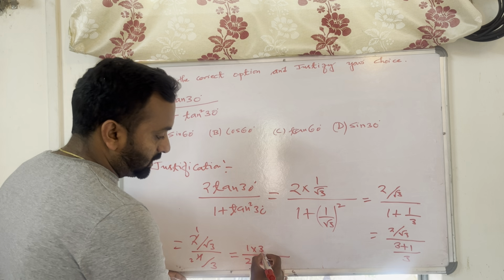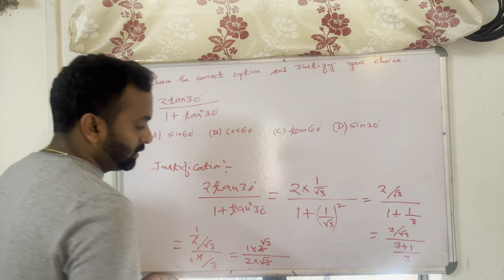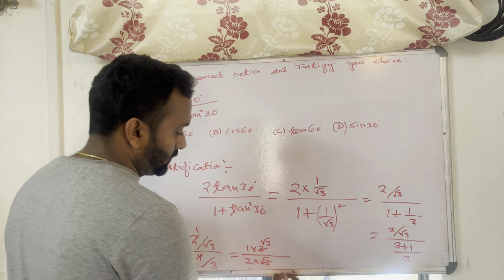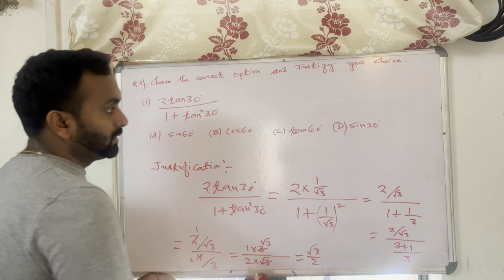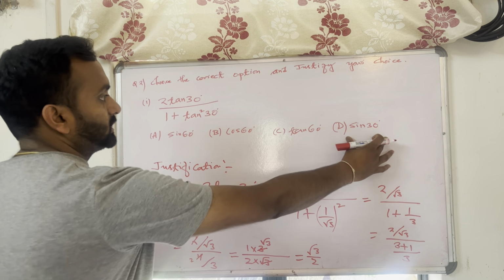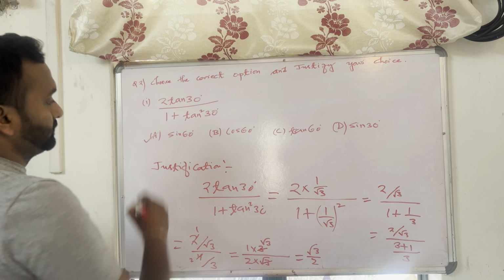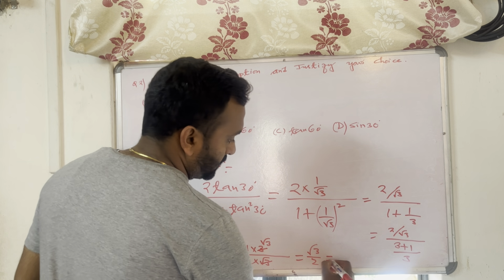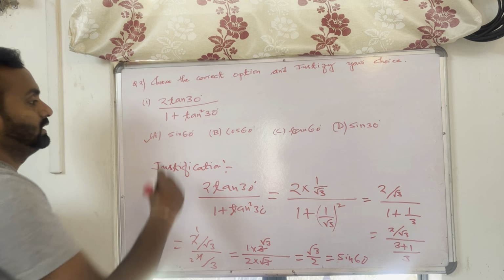You know 3 is nothing but root 3 into root 3, so root 3 cancels, and I will get root 3. So the answer will be root 3 by 2. Whose value is root 3 by 2? Root 3 by 2 is actually sine 60, so I will mark sine 60.